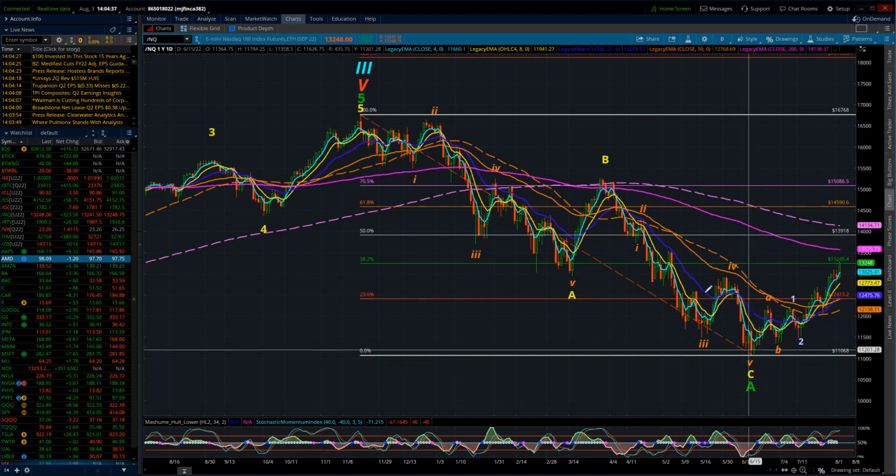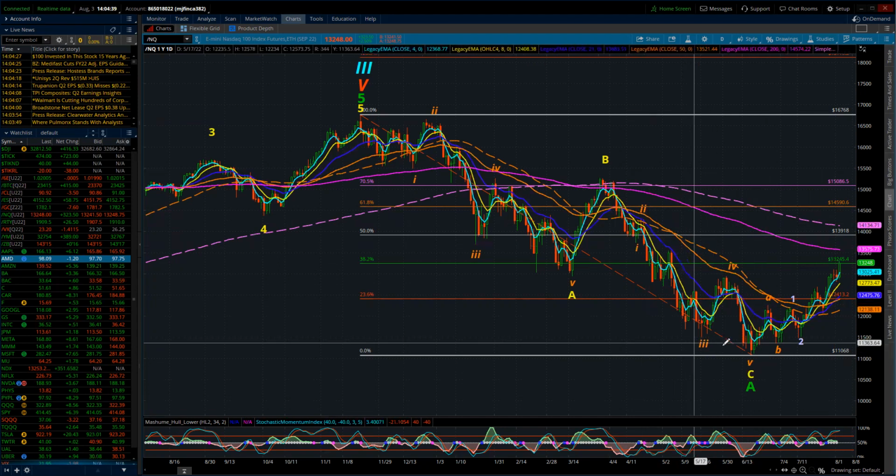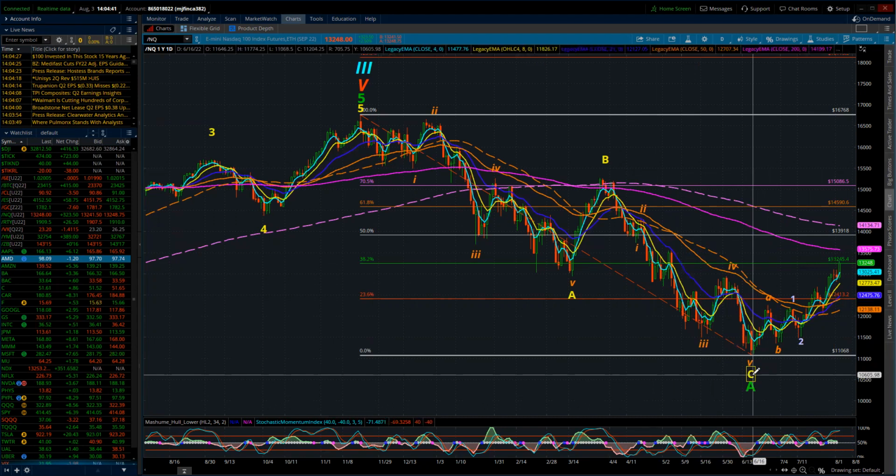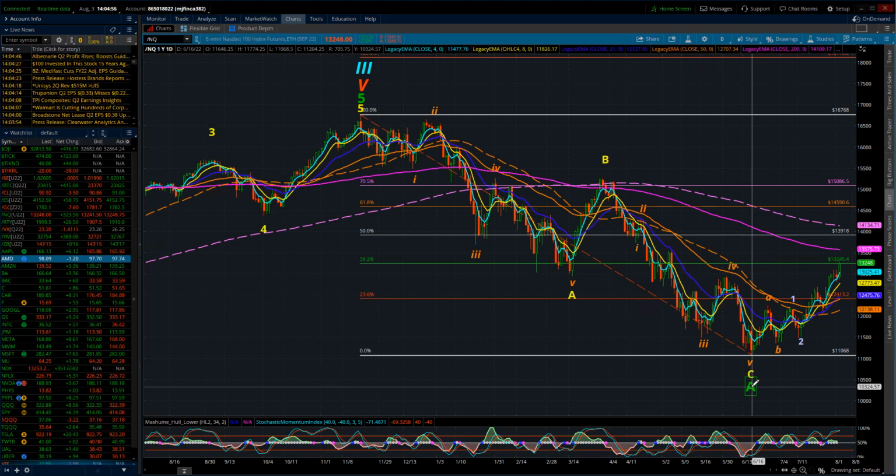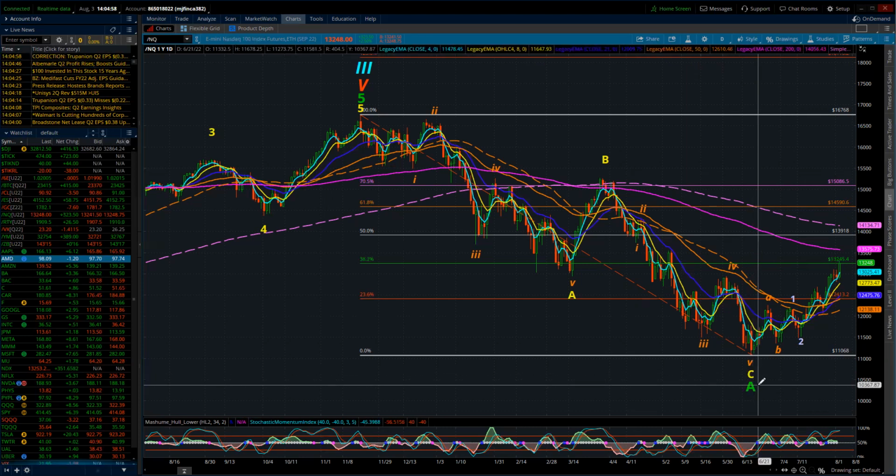What we're showing right now is that these move up to minor, and the intermediate wave C completed here at 11,068. And in turn, it completed the primary A wave. Now, if that is the case, then what we are tracing out right now are the beginning stages, an intermediate A wave of a primary B.